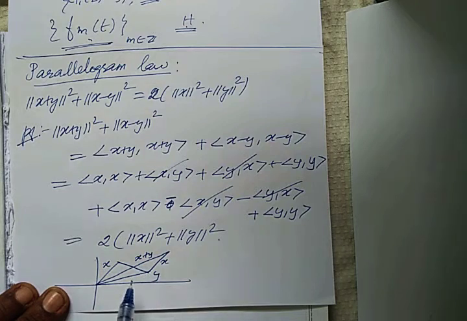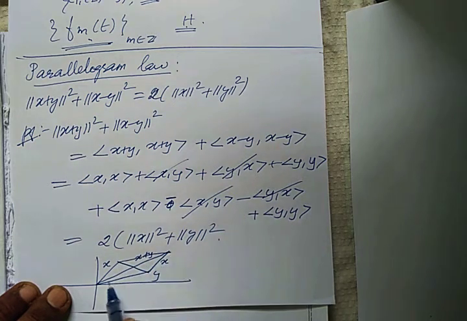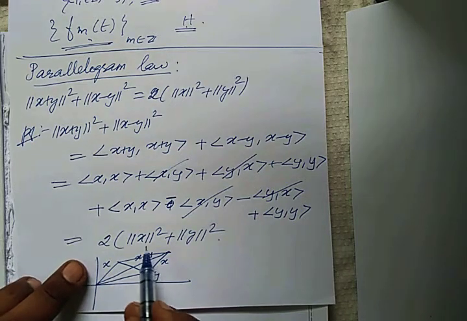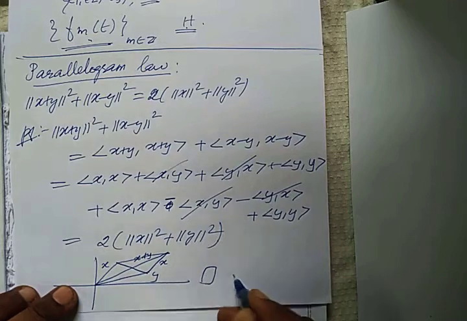This is x plus y vector. The parallelogram law says that the sum of the squares of the diagonal distances is equal to 2 times the sum of the squares of the sides. This is called the parallelogram law.